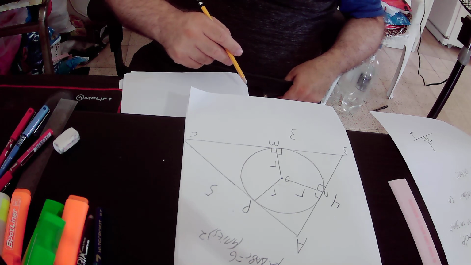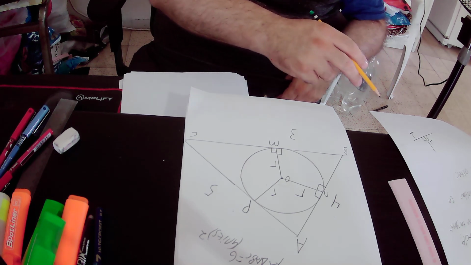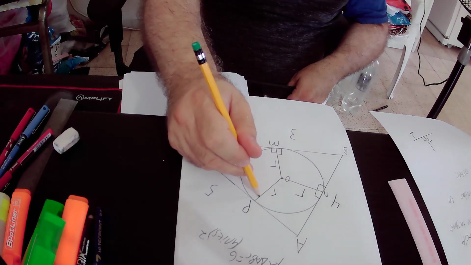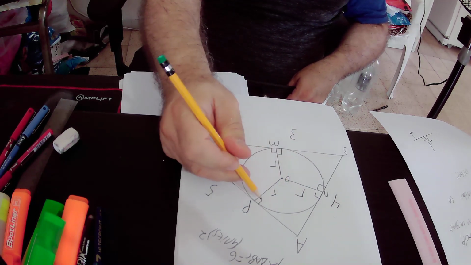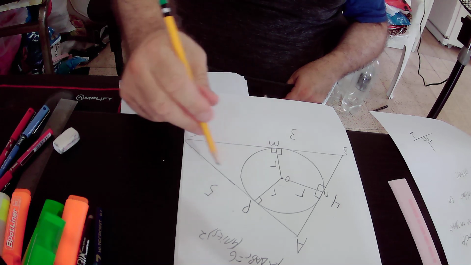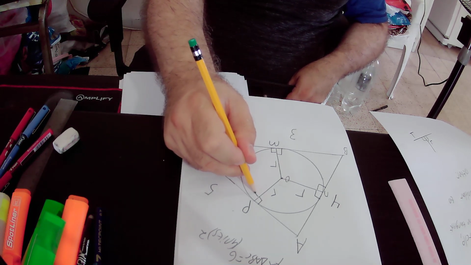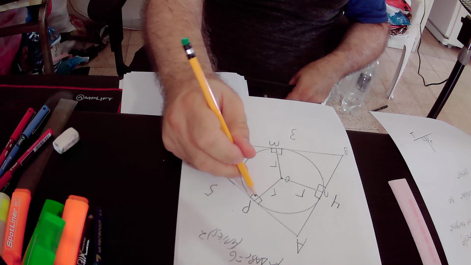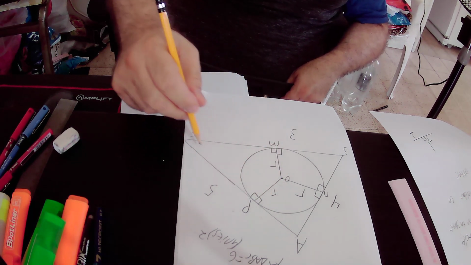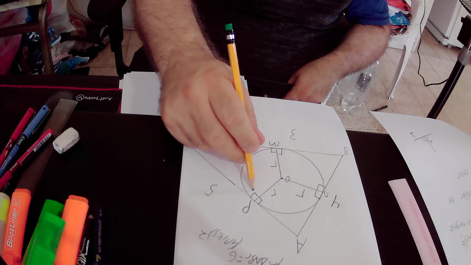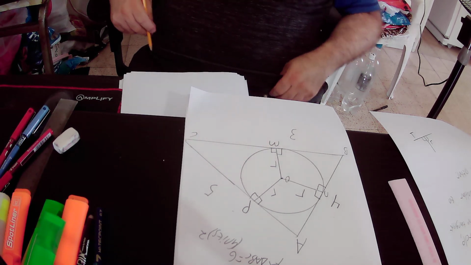So actually, according to rule number 1, angle OPA equals 90 degrees, and angle OPC also equals 90 degrees, because the radius is perpendicular to its tangent. That is to say, this angle is 90 degrees and this angle is also 90 degrees.